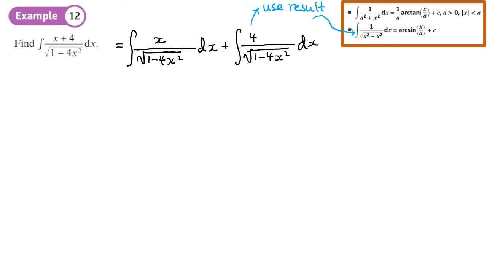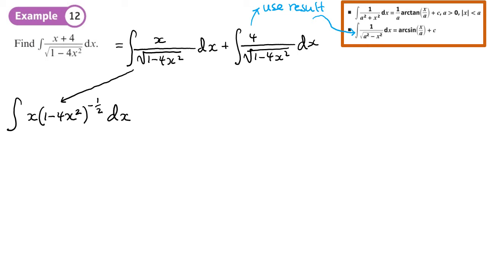So let's deal with each bit separately. So let's deal with this part here. So that can be written as x times by 1 minus 4x squared to the power negative a half.